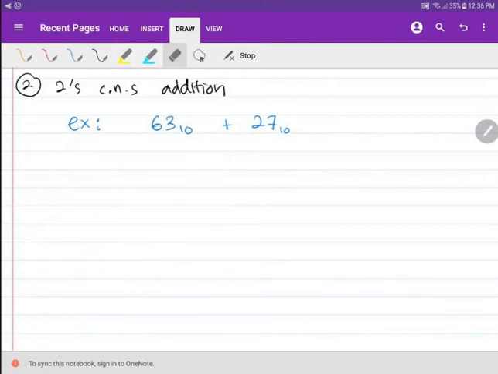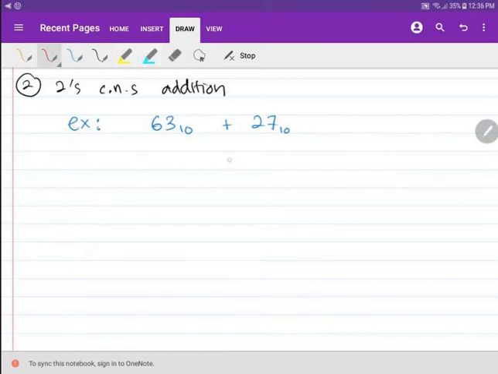The easier way is, remember we are always dealing with 8 bits. Each one of these bits has its own weightage, right? 2 to the power of 0, 2 to the power of 1, 2 to the power of 2. So write down those weightages.